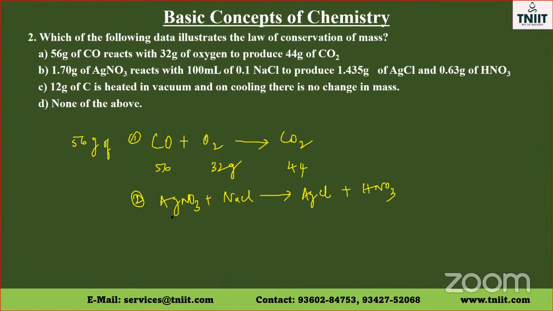The third illustration, they've given silver nitrate is 1.70 gram, and here it is sodium chloride. We have to find out and produce 1.435 grams, and to form 0.63 grams. It is not nitric acid, it should be sodium nitrate, NaNO3.